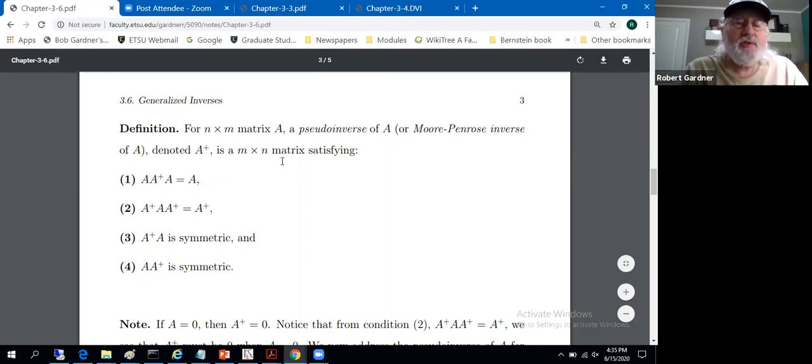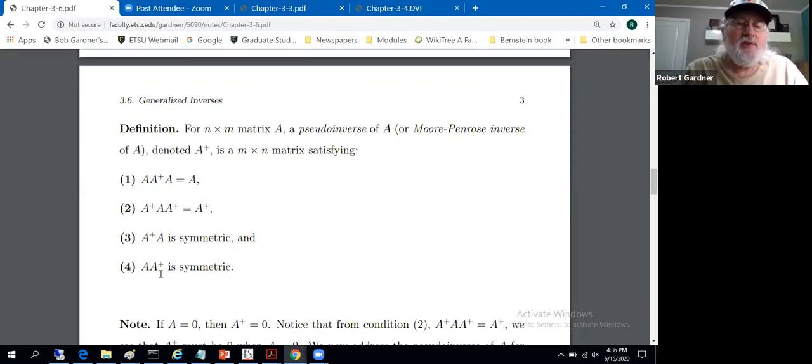The pseudo inverse matrix is required to satisfy the following. A pseudo inverse of A times A equals A. Pseudo inverse of A times A times pseudo inverse of A equals pseudo inverse of A. Pseudo inverse of A times A is symmetric, and A times pseudo inverse of A is symmetric. So we've got these symmetry requirements.